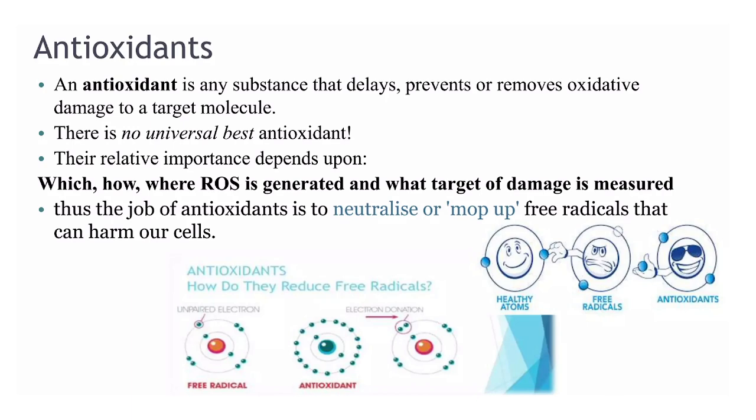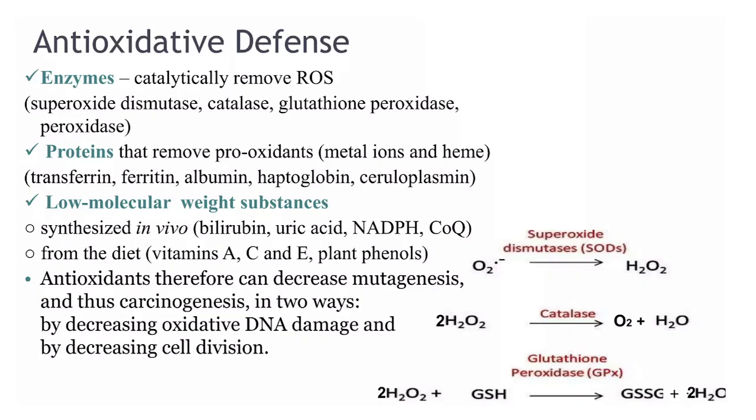But oxidants or reactive oxygen species play a very important role in multiple diseases and can lead to different types of cancers. So it's important that antioxidants neutralize or mop up the free radicals. Now, antioxidative defense involves the enzymes that catalytically remove the ROS: superoxide dismutase, catalase, glutathione peroxidase, and peroxidases.